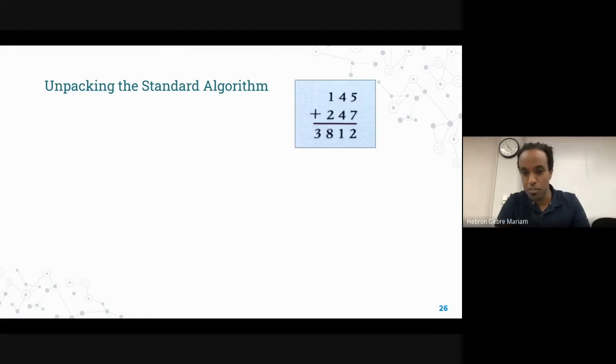Thanks for sharing those. I see adding from left to right. Yeah. Different strategies, mix them up. Perhaps thinking of each digit as 1. Yes. So when we see a piece of the standard algorithm, in this case, we see some of those misconceptions that might be happening.